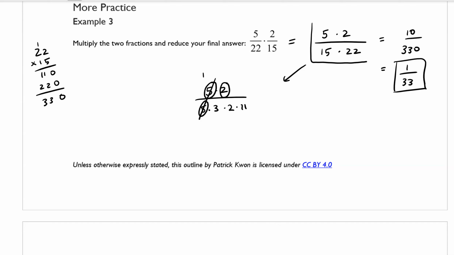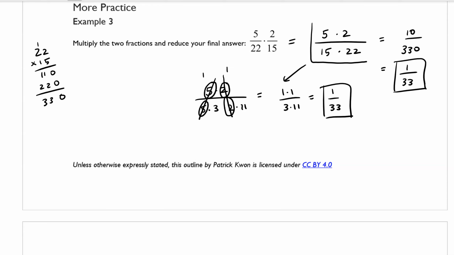And this 2 and this 2 will essentially cancel out and we're left with 1. So we have 1 times 1 over 3 times 11, which if you simplify that would give us 1 over 33, which is again the answer that we ended up with doing it the other way.